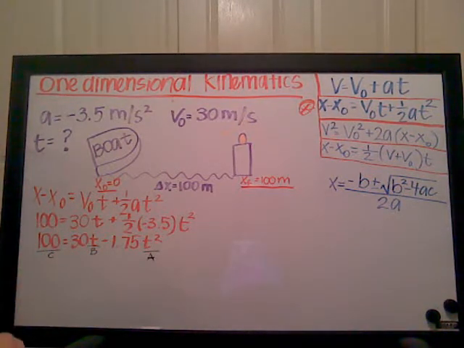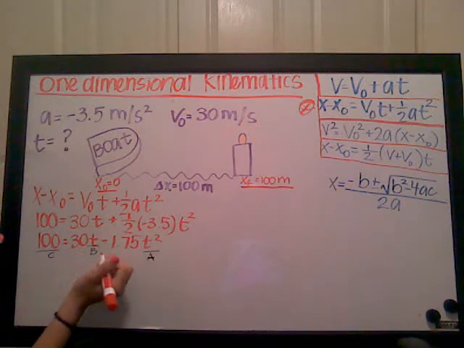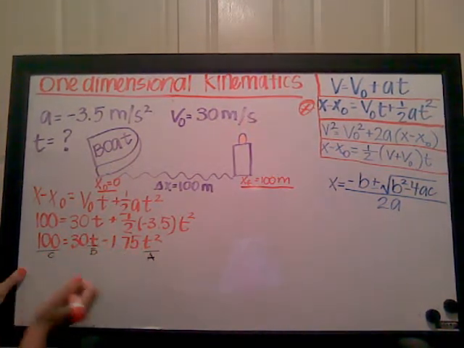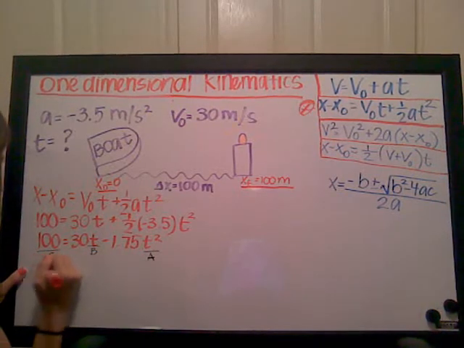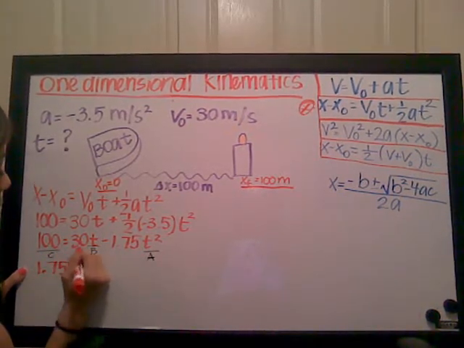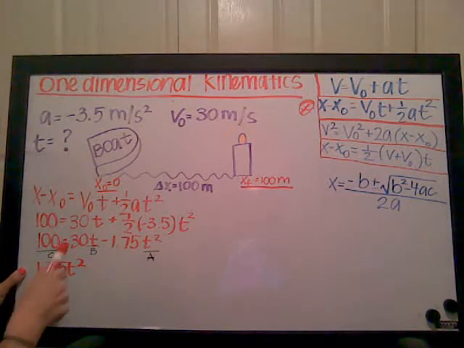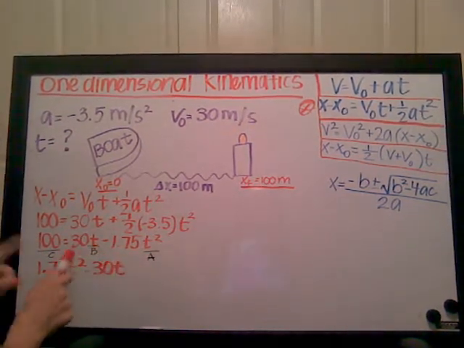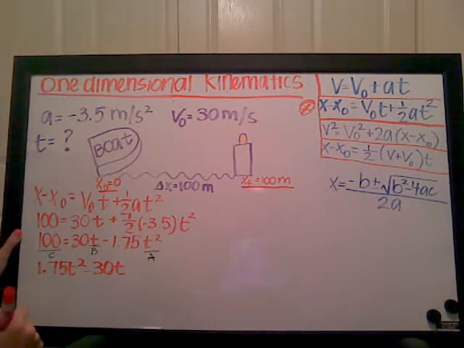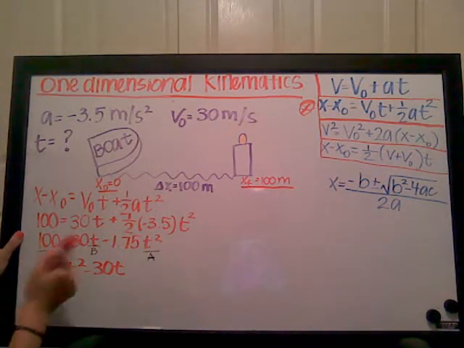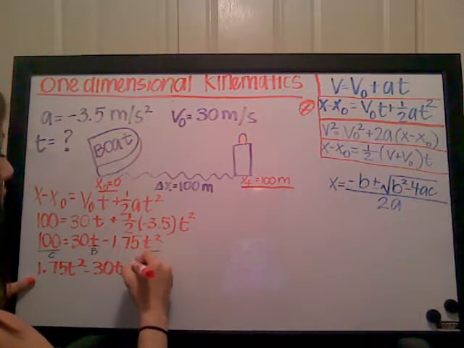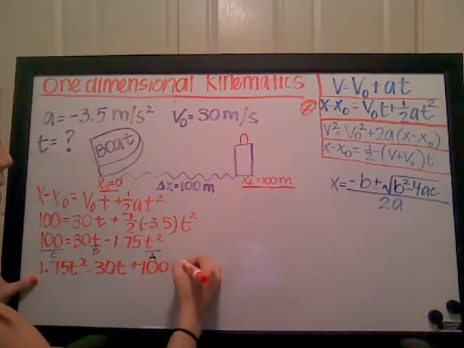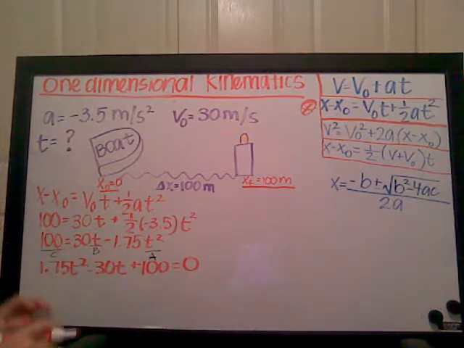So I'm going to rearrange this, and when I do so, I'm going to move everything over to the left side. So my a will be 1.75 t squared. My b will be negative 30t, and again these switch signs because I'm moving them over. And then my c, my constant, is just going to stay at 100, staying in that side. And that's going to be equal to 0 because I have moved everything over.